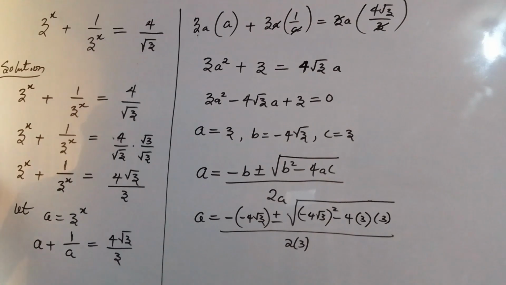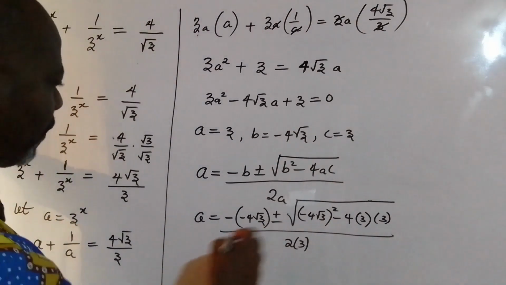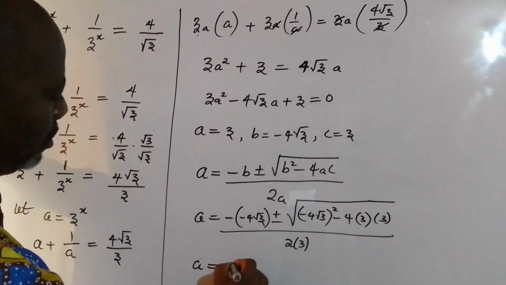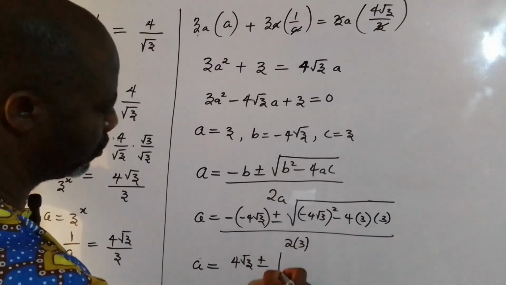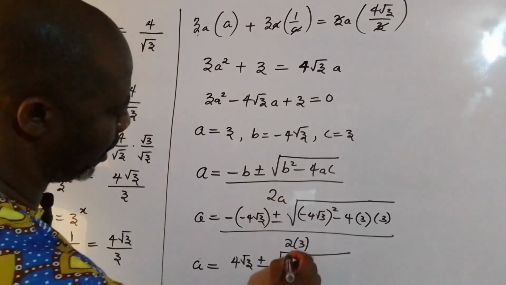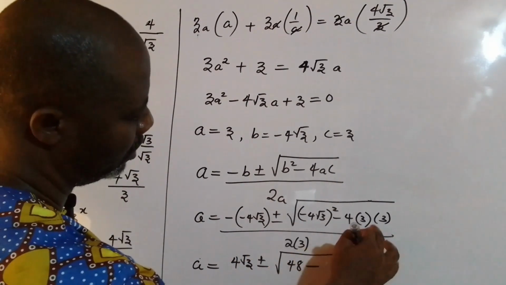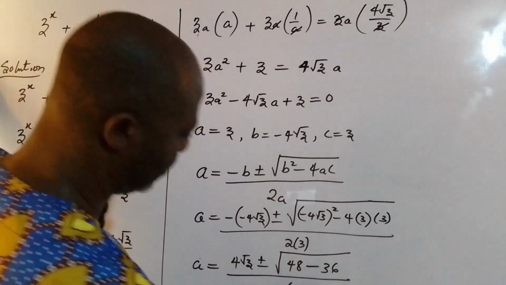Okay, so this is what we have here. So from here now we have a equal to 4 root 3 plus or minus square root of 16 times 3, that is 48, minus 36, all over 6.